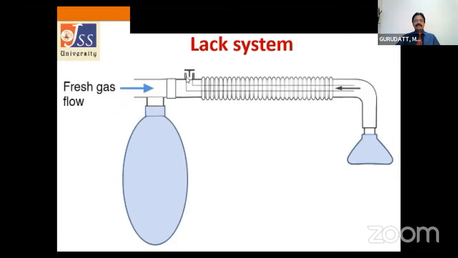So the advantage here is that one can have accessibility to the expiratory valve, and scavenging was also possible. That's how the Lack system was introduced. But when it was introduced, because the inner tube was of small diameter, there was increased resistance offered for expiration. So later Lack had to modify it. He increased the inner tube to 15 millimeters and the outer tube to 33 millimeters.